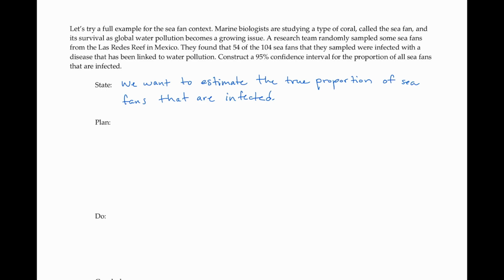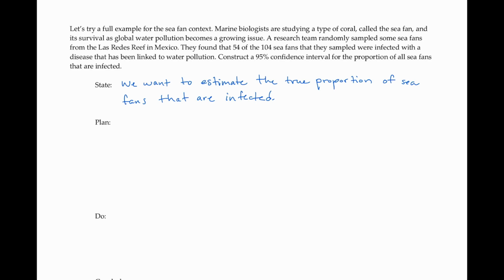That's our goal here. So state what we want to do. We're not testing hypotheses. We're instead wanting to try to capture the true proportion for all C fans that are infected.